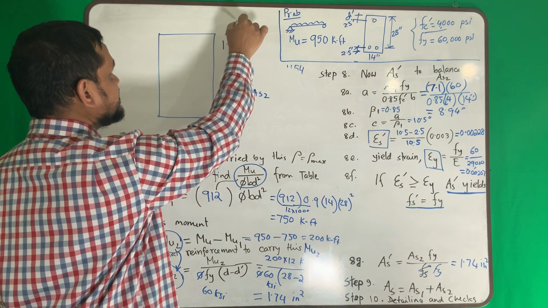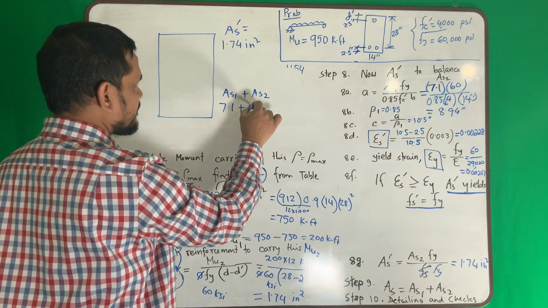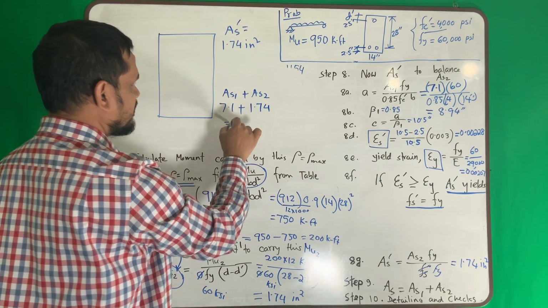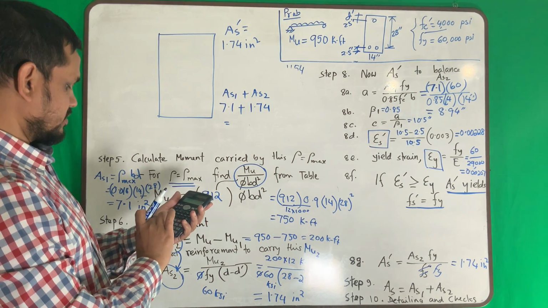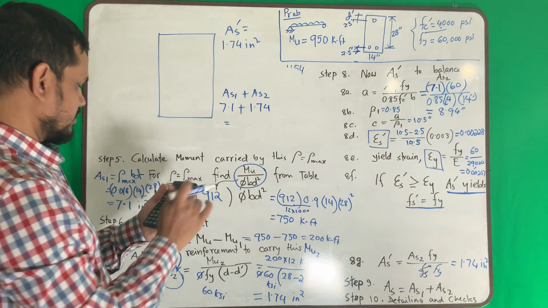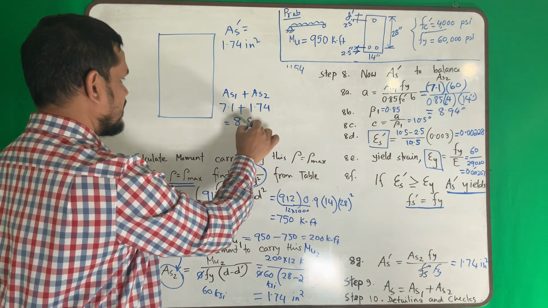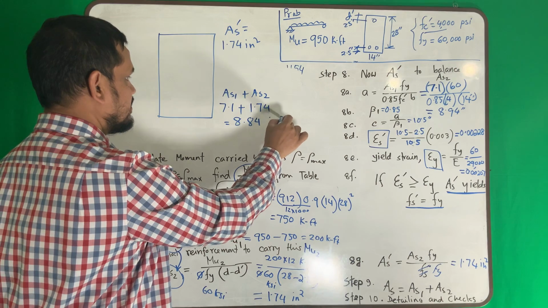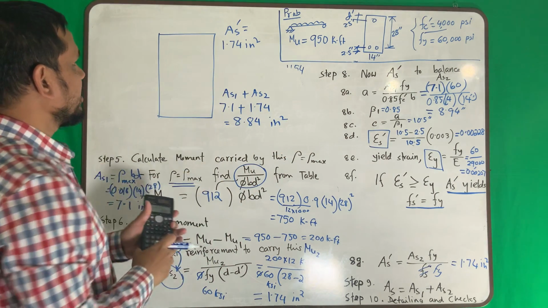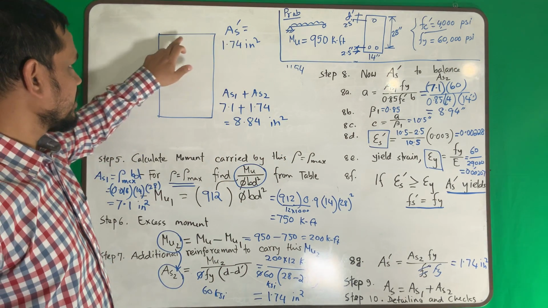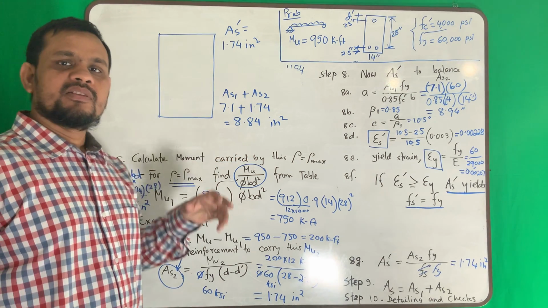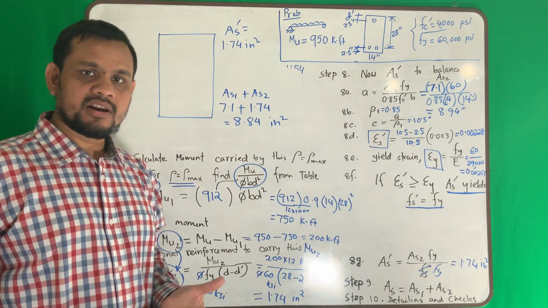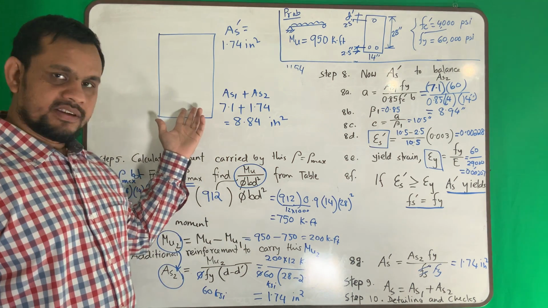Here my reinforcement is AS prime, 1.74. So 7.1 plus 1.74 is 8.84 inch square. So I need to provide 1.74 inch square here, 8.84 inch square here. Now then you can select your bar, place it.